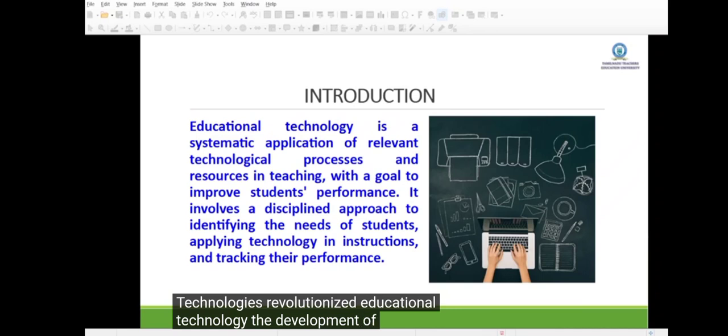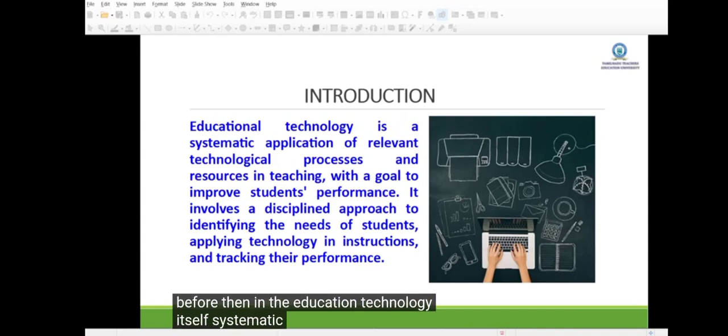The development of the internet and online learning platforms opened up new possibilities for education, and the use of education technology has continued to evolve ever since. Today, education technology is used in classrooms around the world, from smartboards to virtual reality systems, and it has enabled us to provide quality education to more people than ever before.